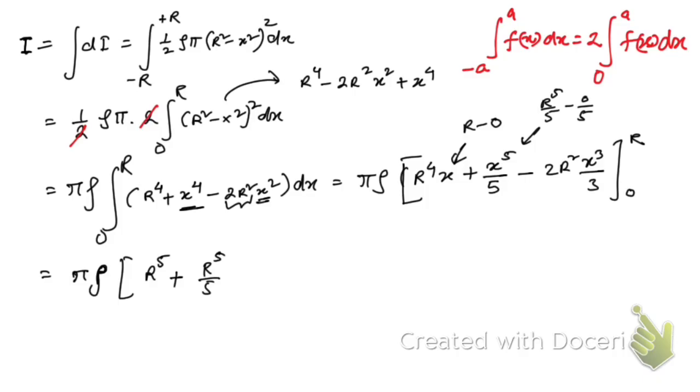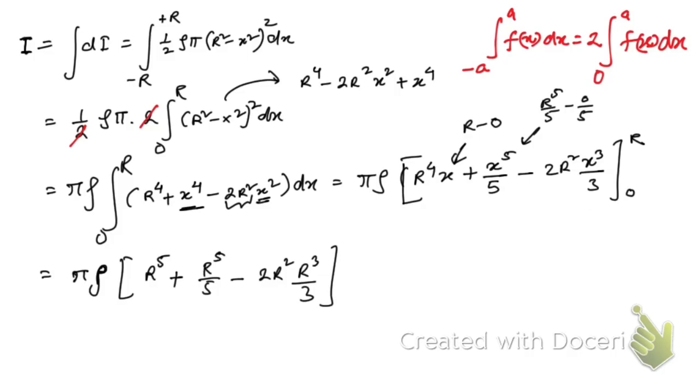Okay, so similarly, if you put here the upper and lower limit, 2r square into r cube by 3 minus 0 cube by 3, that means you're going to get r cube by 3, and that is minus 2r square, then r cube by 3. That's what we have got.